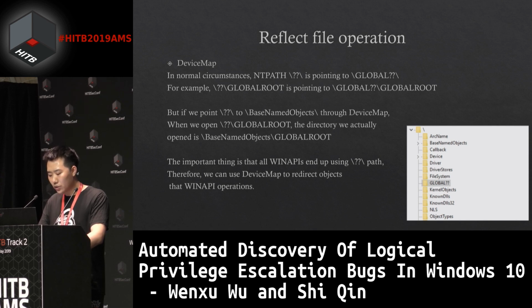But if we point double question mark to base named objects through device map, then when we open double question mark global root, the directory we actually open is base named objects global root. The important thing is that all Windows APIs end up using double question mark paths. Therefore, we can use device map to redirect objects that Windows API operations use.